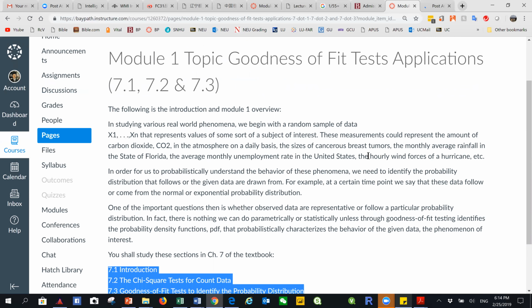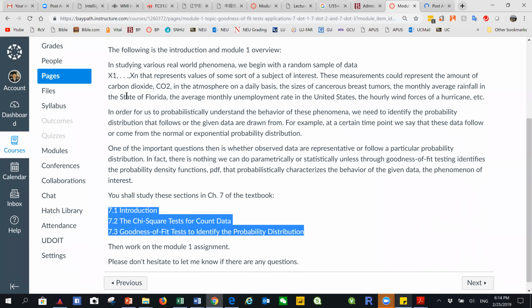Okay, so you can refer to this example. It says values of some subject of interest, and measurement could represent the count. For example, amount of carbon dioxide, CO2, in the atmosphere. There are many areas of application and so forth. Average monthly unemployment rate in the United States, hourly wind forces of a hurricane, etc.